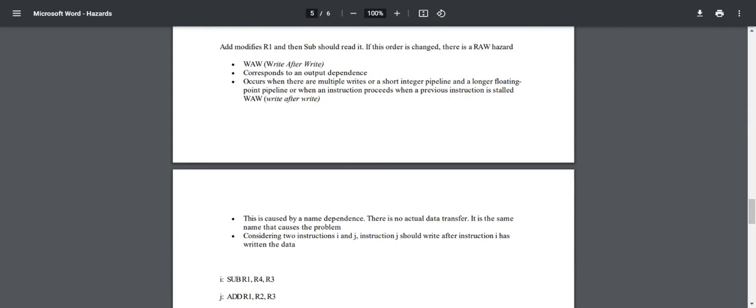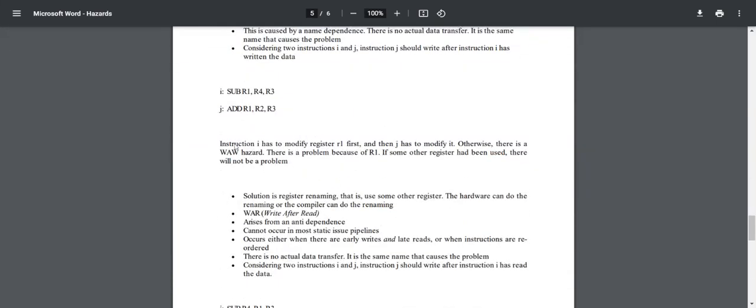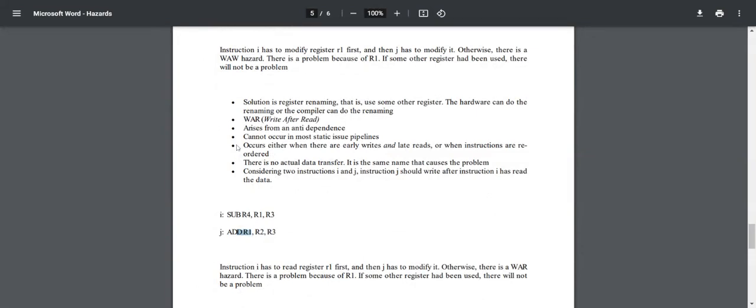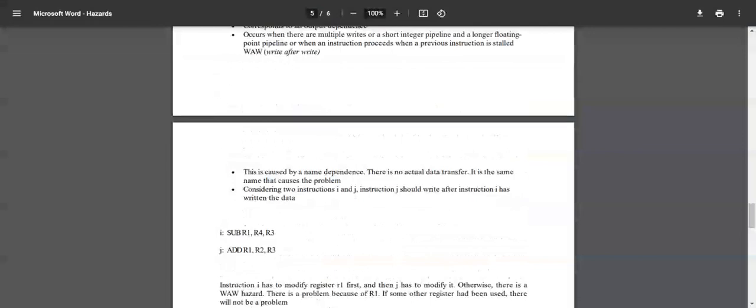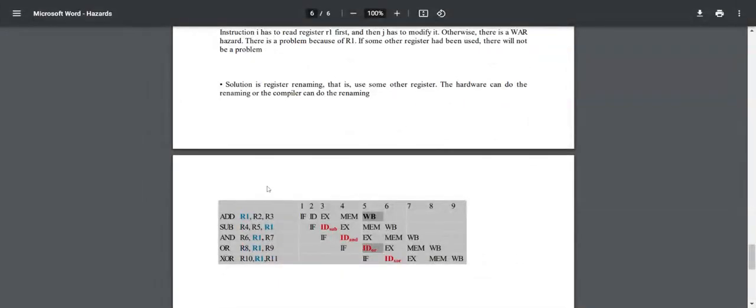Write after write: once the previous instruction has completed its writing operation, then only the next instruction should write. And lastly, write after read: once the previous instruction has read the value from the memory location, then only the write operation should commence from the next instruction. So this was data hazard.